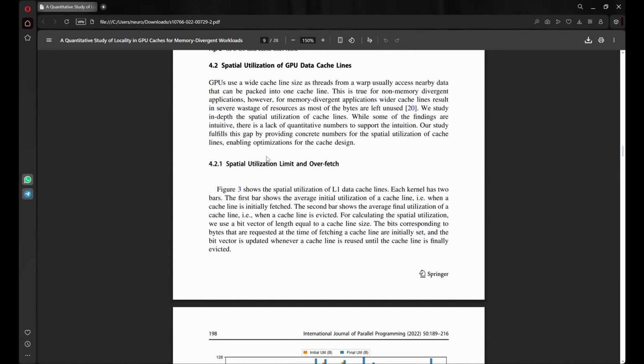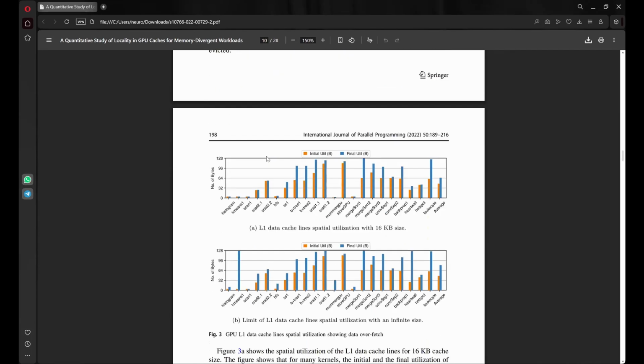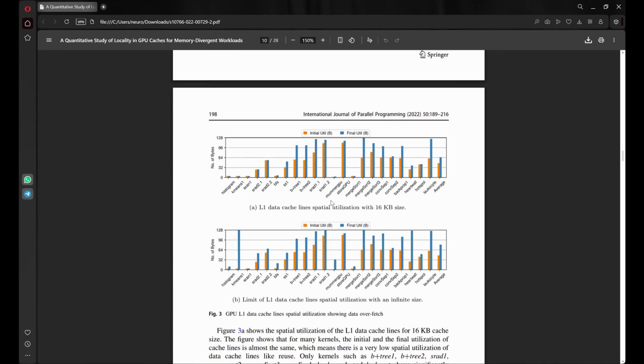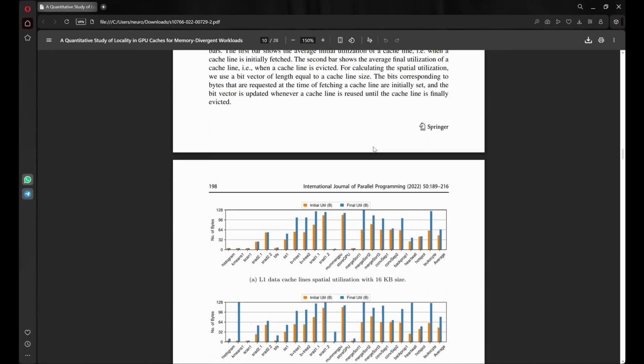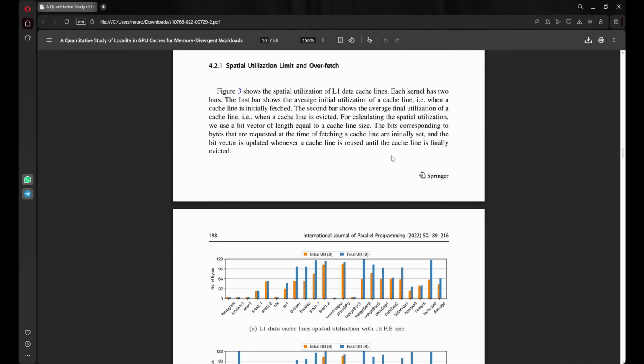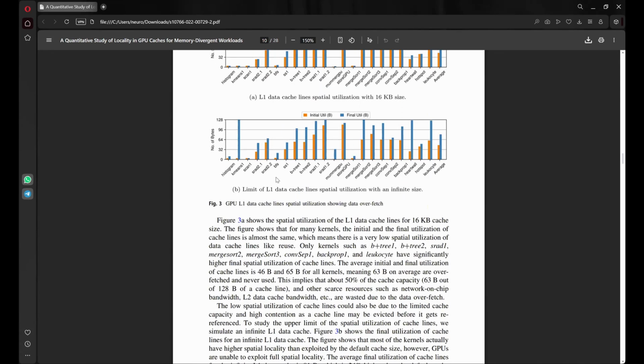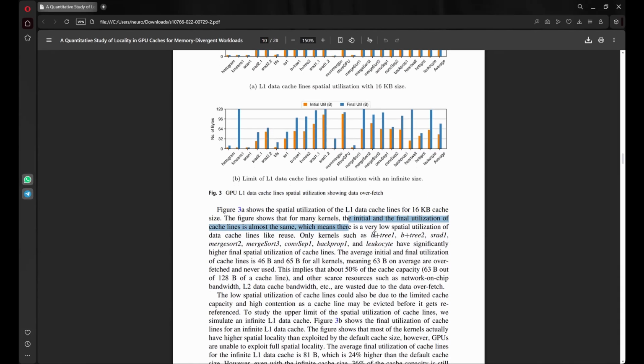Of these 128 bytes brought in, what is the average amount of bytes initially used? Figure 3 goes through the L1 cache. What it shows is that for many kernels, there's a very similar initial and final utilization, and only certain kernels have a higher final spatial utilization.